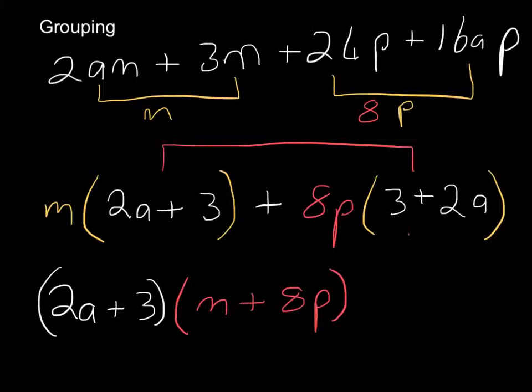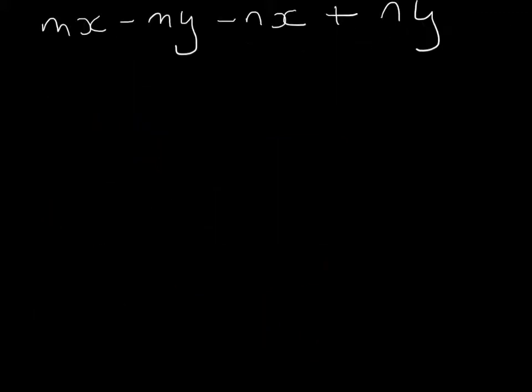I hope that has made a bit of sense to you. Let's maybe have a look at one more example just to clarify. Here's another example for us to have a look at, just to cement our understanding of factorizing using grouping. So here we have mx minus my minus nx plus ny. So we have 1, 2, 3, 4 terms.